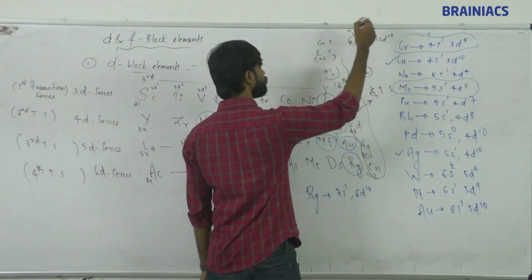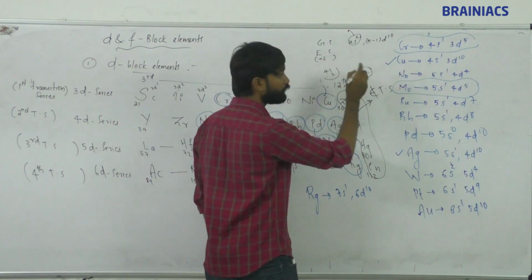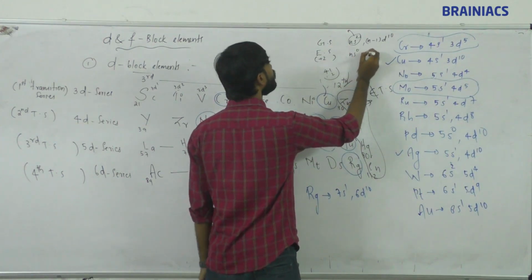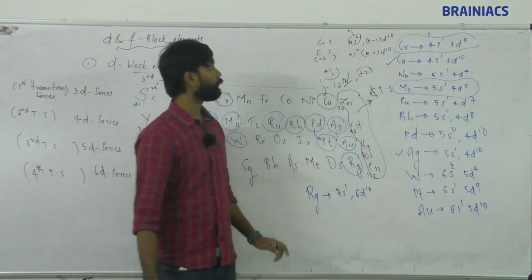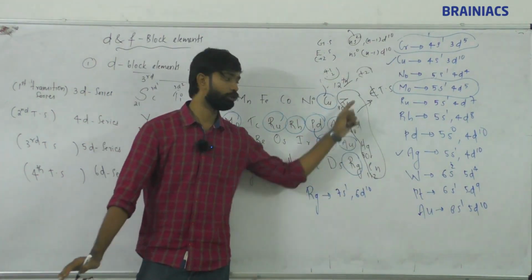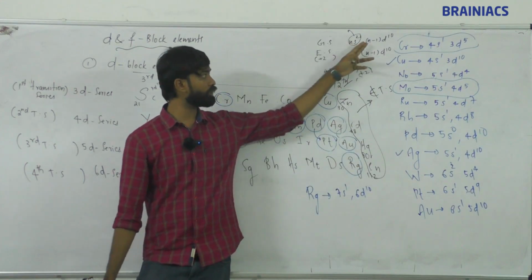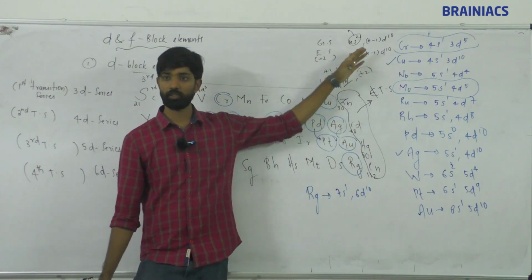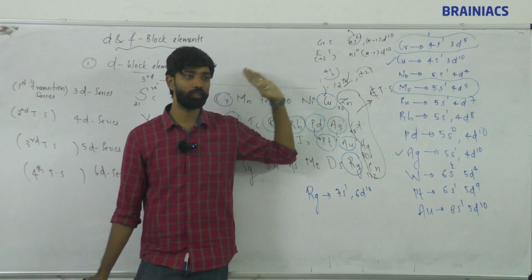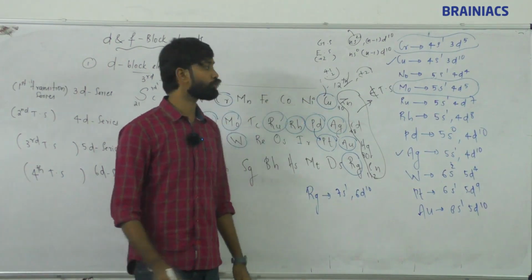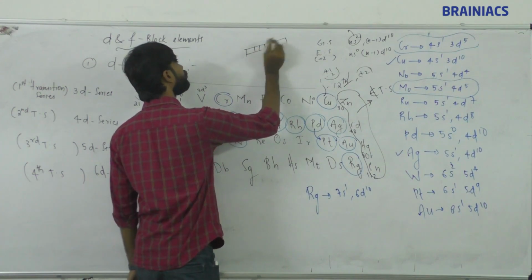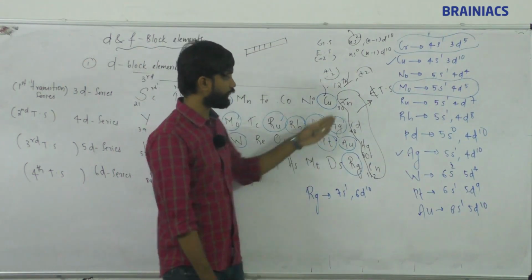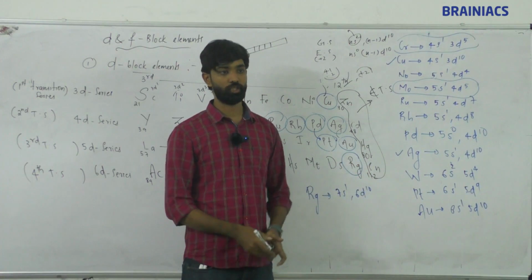These two electrons are lost, so ns0 (n-1)d10. So in both the ground state and the excited state, the d orbital is fully filled. There is no partially filled d orbital, so actually they do not belong to transition elements.